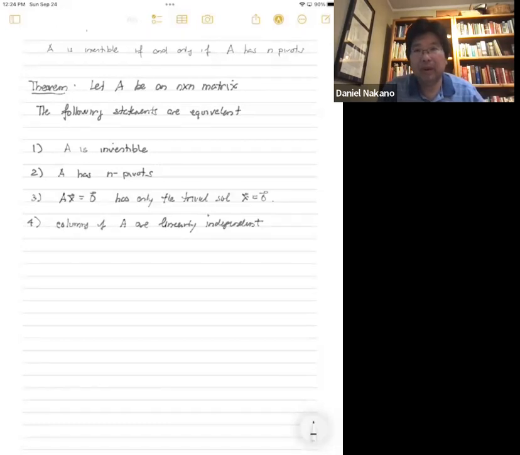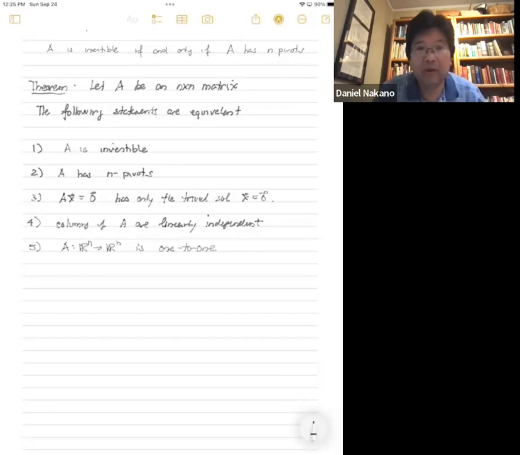Okay, so remember, to show linear independence of the columns of A, you look at AX equals 0 and you show that it only has the trivial solution. We actually went over this a while back. So what does the linear independence of the columns mean? Well, it also means that the linear transformation from Rn to Rn is 1 to 1.